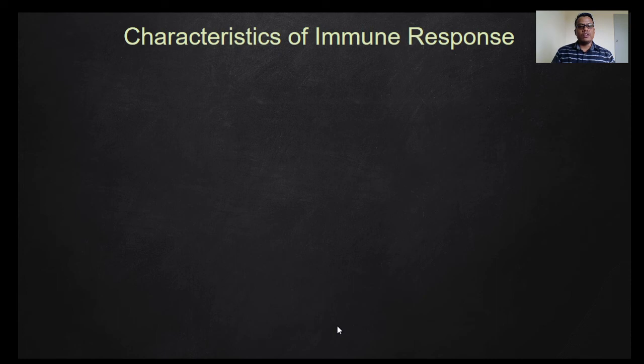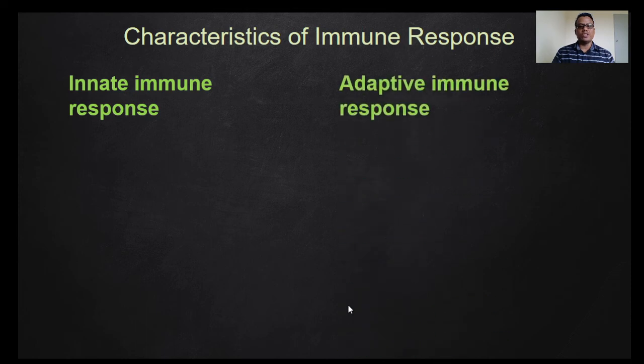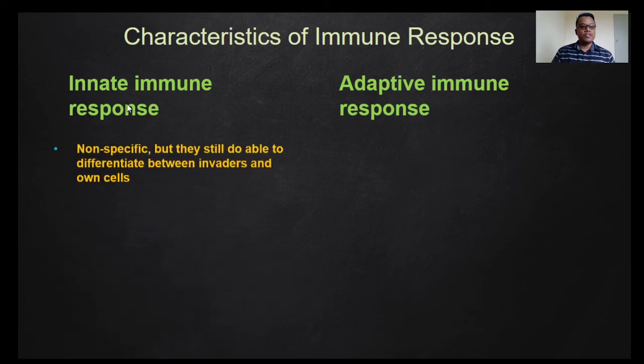What are the main characteristics of the immune response? So we have two types of immune response, innate and also the adaptive immune response, and they have different characteristics. First, the innate immune response is non-specific, but it is still able to differentiate between invaders and own cells.